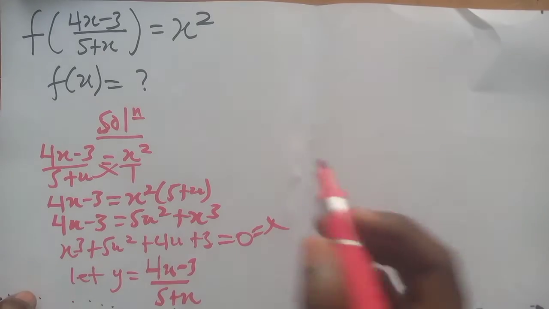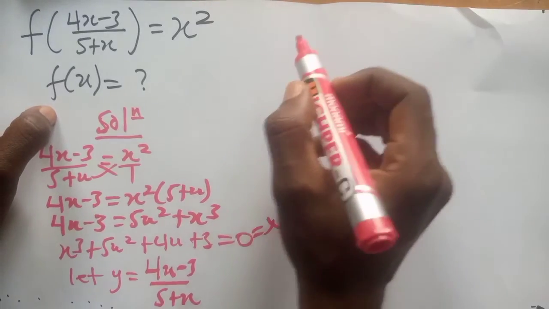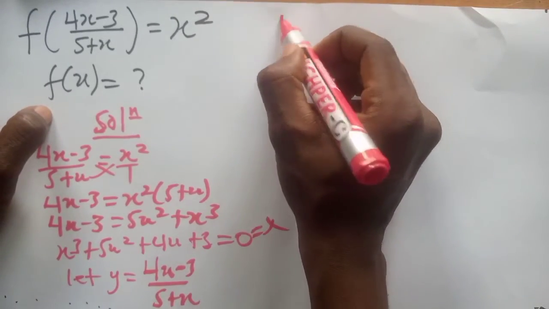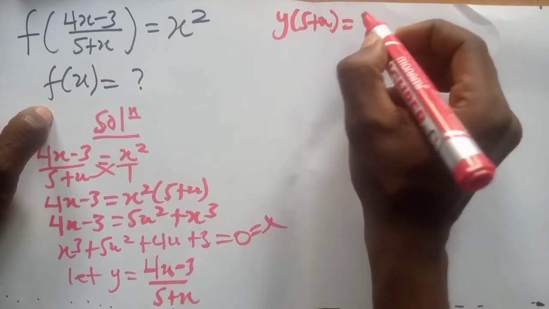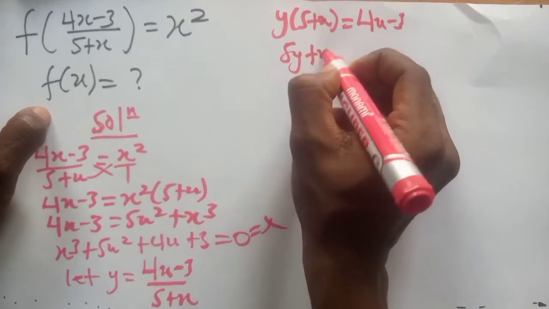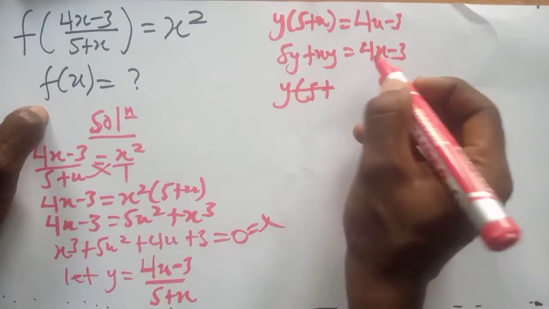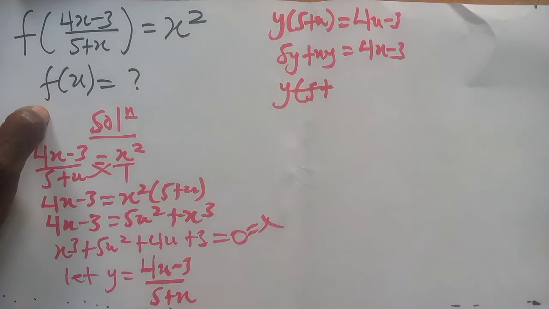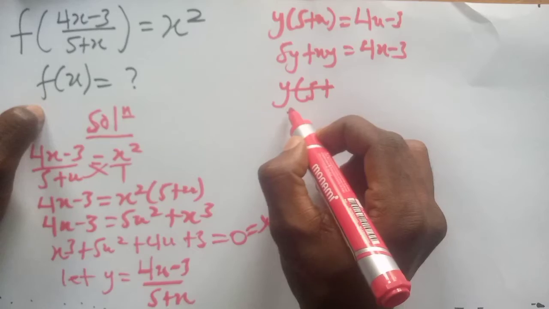With something like this we can then further simplify. Cross multiplying, we have y multiplied by 5 plus x equals 4x minus 3. So we have 5y plus xy being equal to 4x minus 3, making x the subject because we set y equal to that. So let's group items.